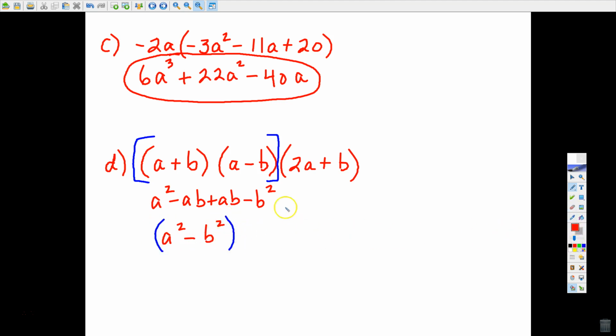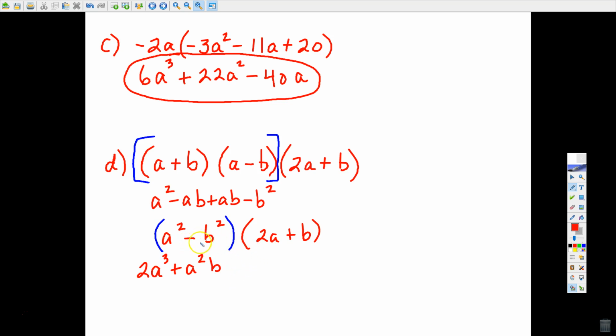Now I'm going to take that result and multiply by the other binomial. Once again, I'm going to use FOIL. Anytime you have two binomials multiplied together, you just use the FOIL method. So a squared times 2a. Remember, you multiply coefficients. 2 times 1 is 2. And now for like bases, you add their exponents. So just write the base, and 2 plus 1 is 3. Now we're going to multiply a squared times b.